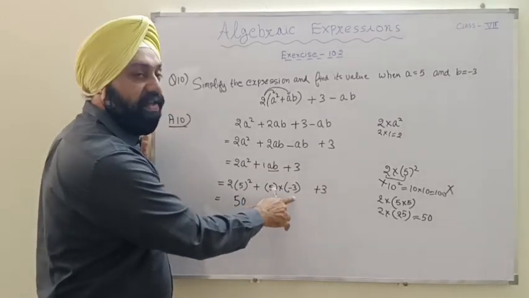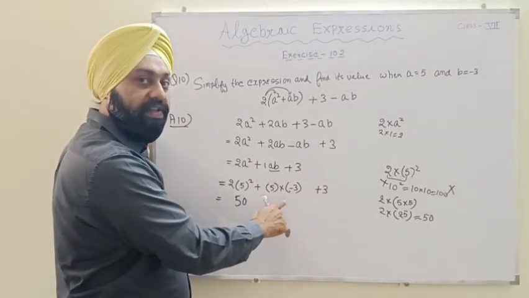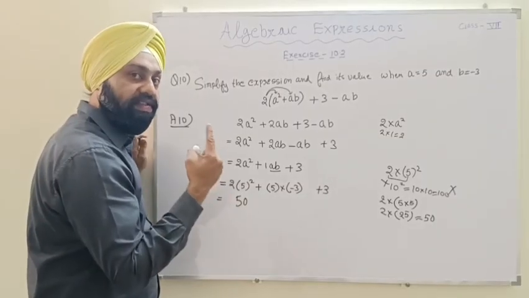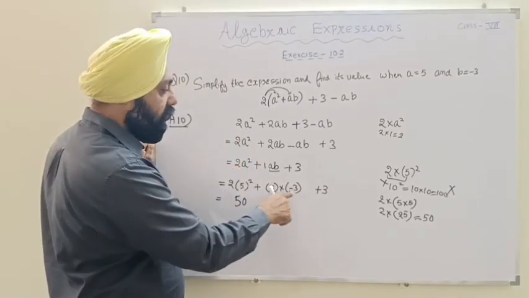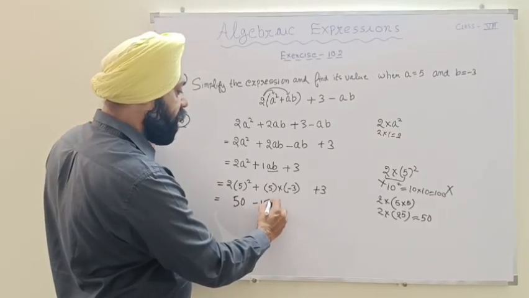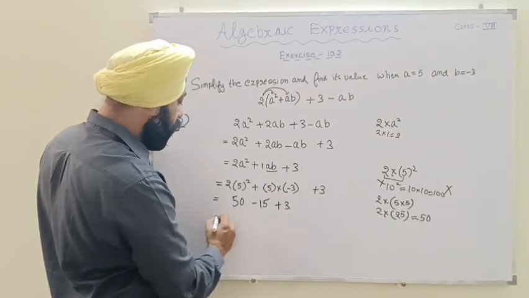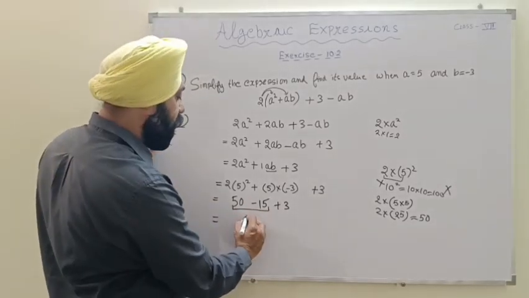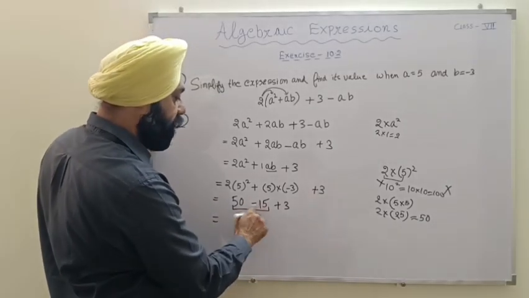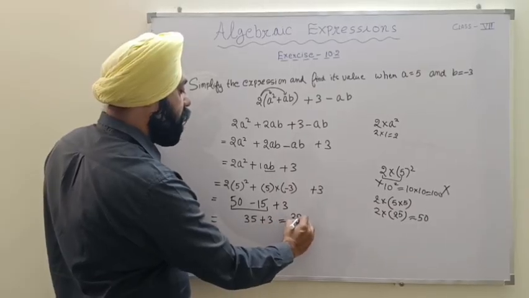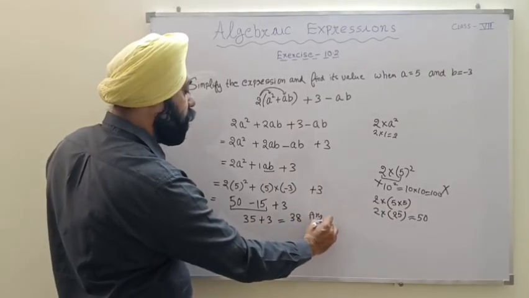Now we have 5 and minus 3 getting multiplied with each other. During multiplication we have to count the number of minus signs. Minus is 1, 1 means odd, so the answer will be negative. So 5 and 3, it will be minus 15 plus 3. And 50 minus 15 gives 35. Positive 35 plus 3. So 38 is the answer.